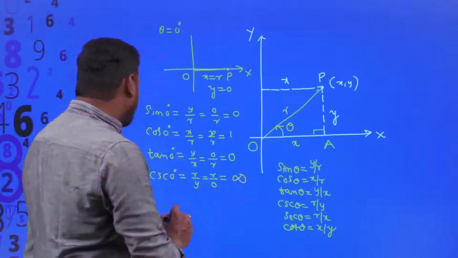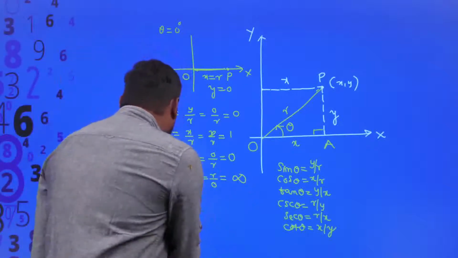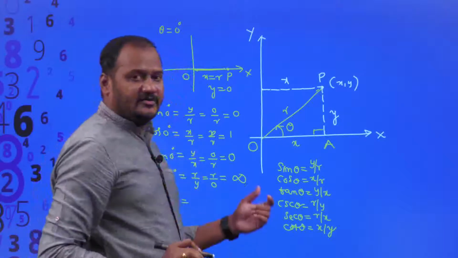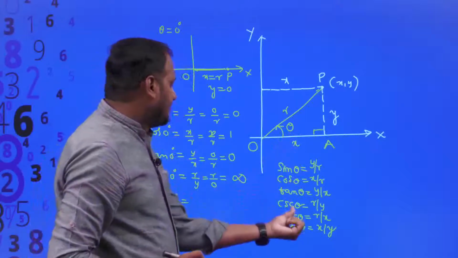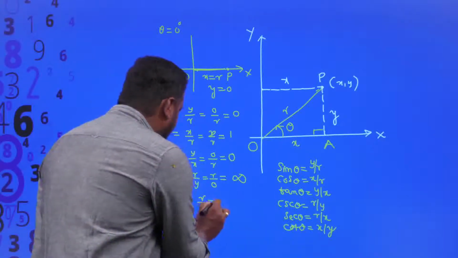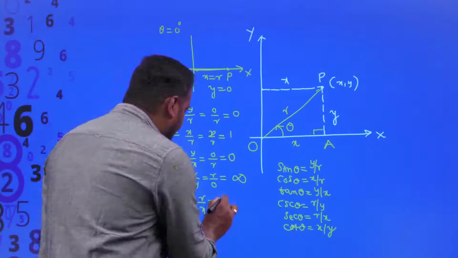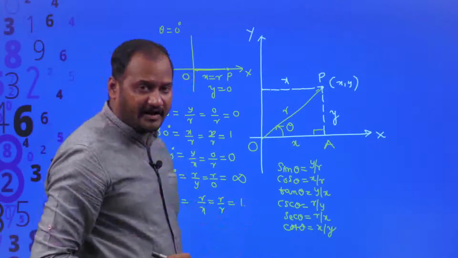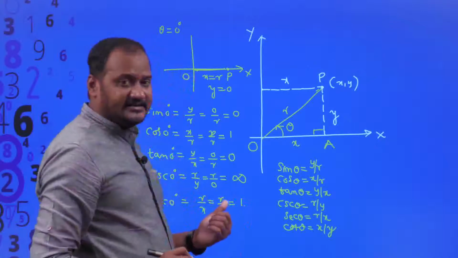Right? And after cosecant, coming to secant 0 degrees. Secant is R divided by x. The value of R is R and x is also equal to R. R by R is equal to 1. So that is the value of secant 0 degrees.